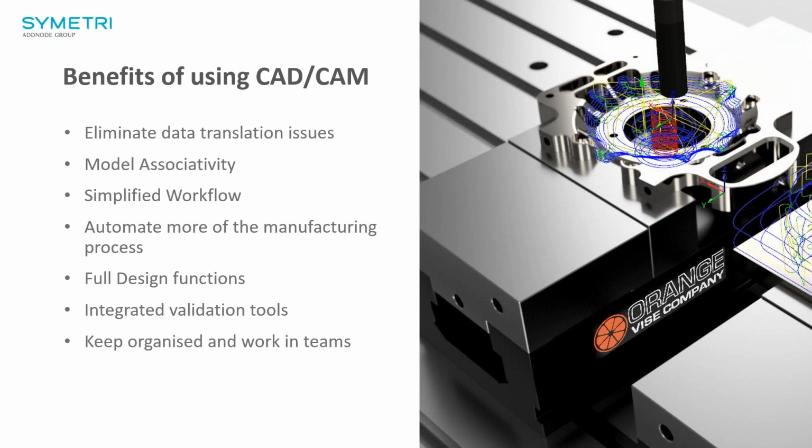Keep them organised and working within a team. You could have a team that focuses specifically on the CAD and one that focuses specifically on the CAM, and you can share that data, sharing knowledge between departments, and also the cloud functionality, so having it stored within the cloud, and also being able to share it with maybe people that are not in your organisation. Okay, so that's some of the benefits of using CAD CAM.